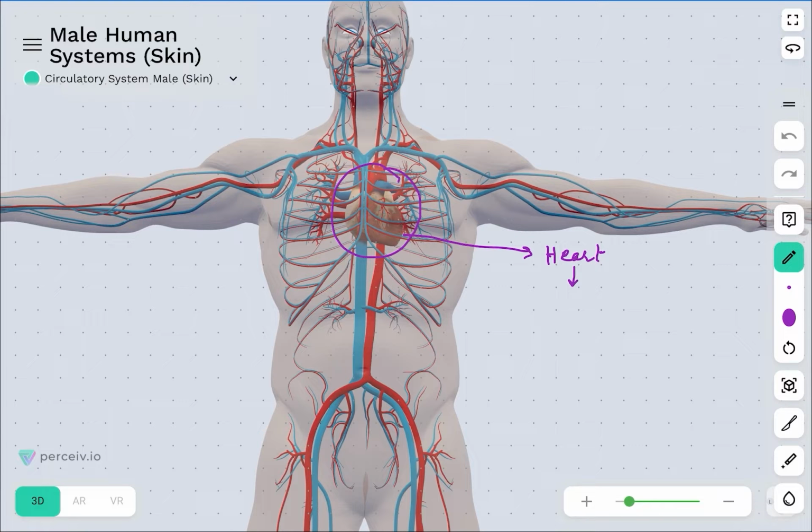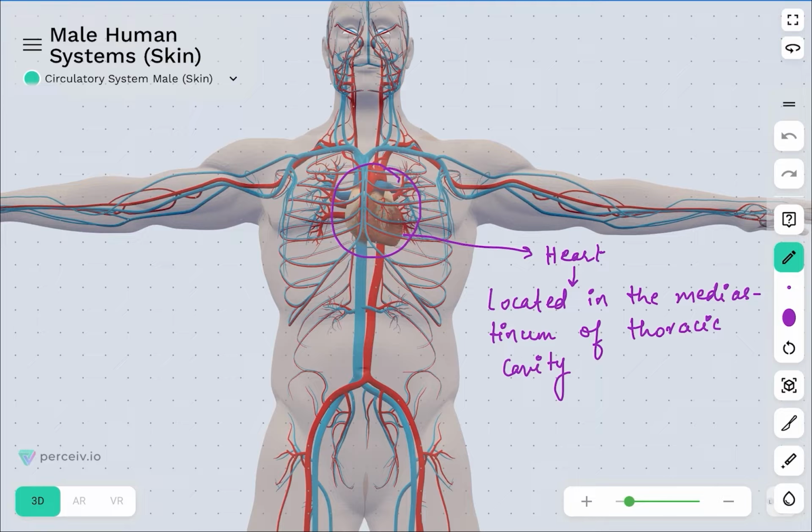This heart is located in the mediastinum of the thoracic cavity. Now, what do you mean by mediastinum?